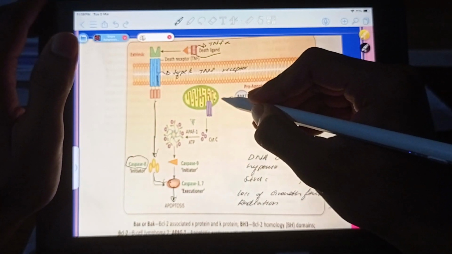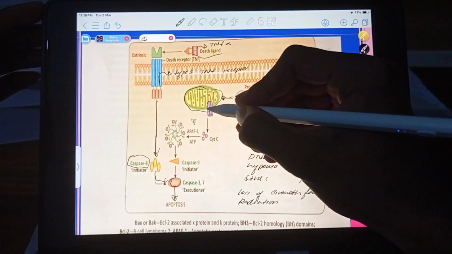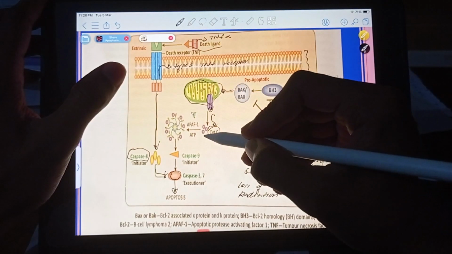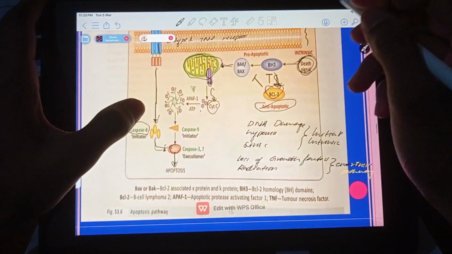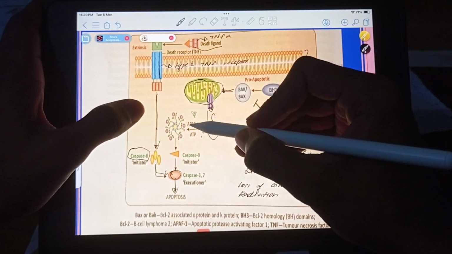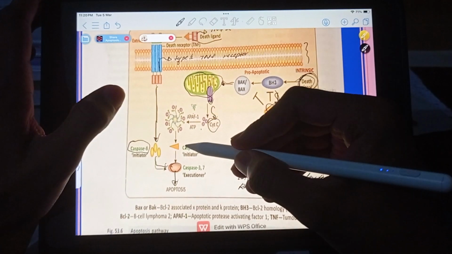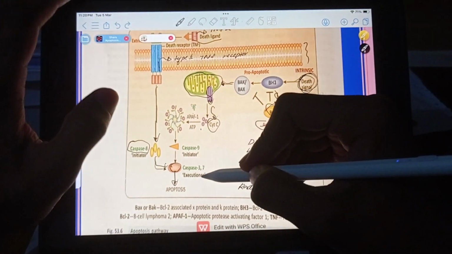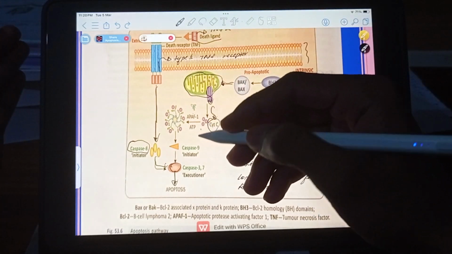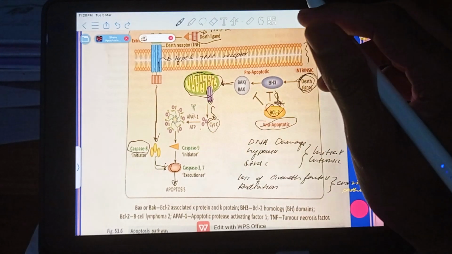When this gets activated, in the mitochondria the permeability increases, and cytochrome C gets released from the mitochondria. After its release, the apoptotic protease activating factor will get activated, and the initiator caspase and the execution caspase will get activated. The initiator caspase here is caspase 9, and the execution caspases here are 3 and 7.